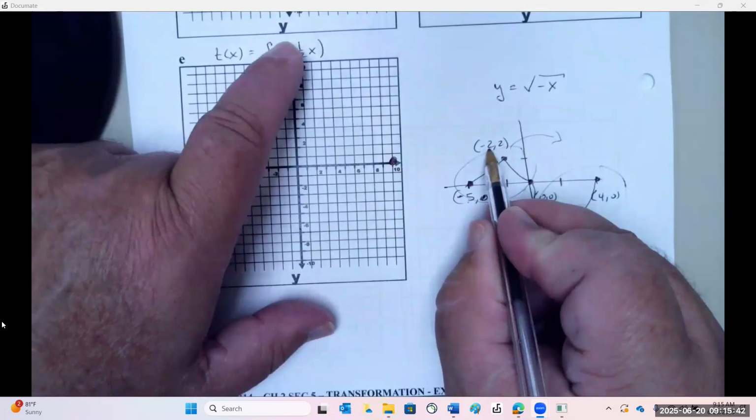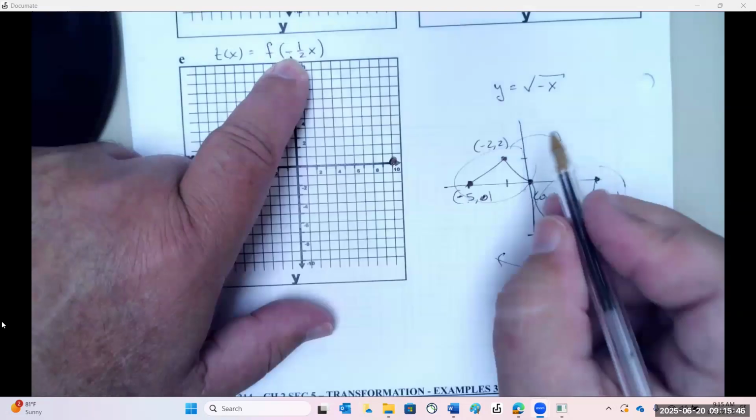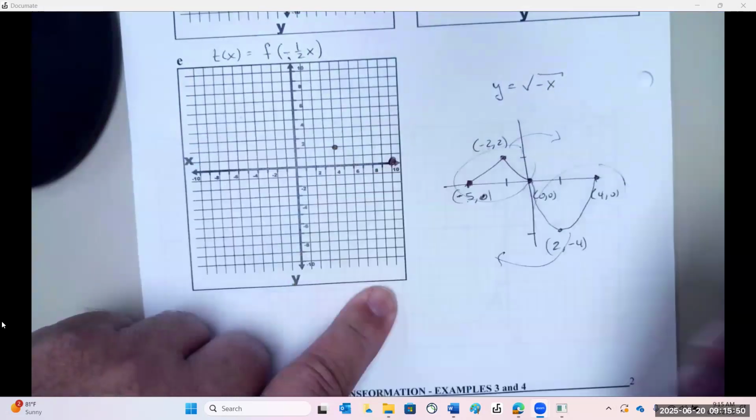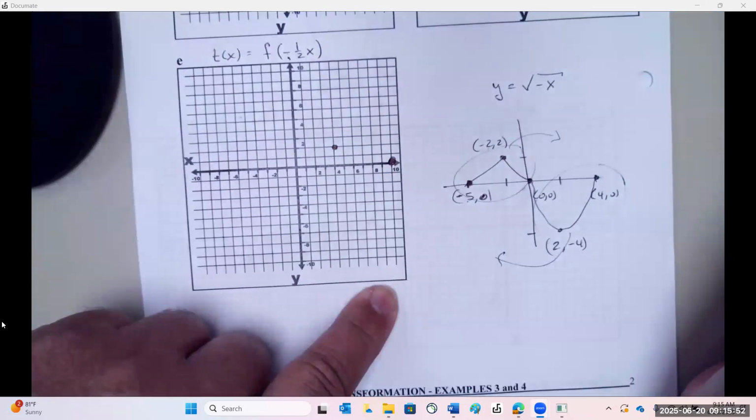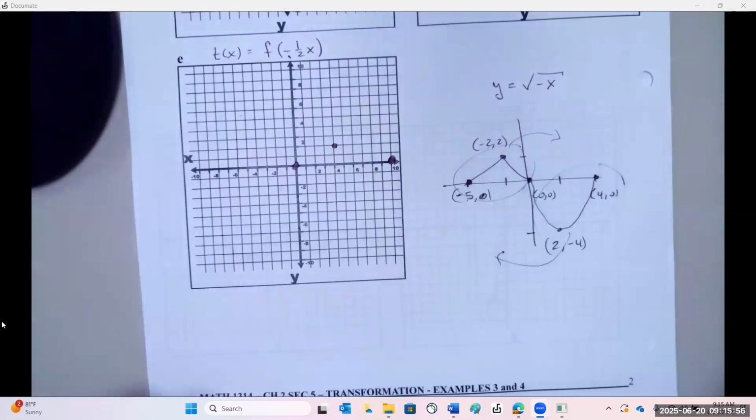Multiply by -2, because it's negative. It becomes +4. +4, 2. At 0, 0, it stays the same. What happens to the 2, -4? It becomes what?